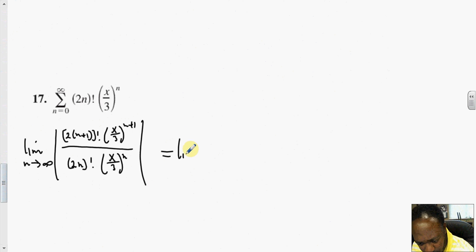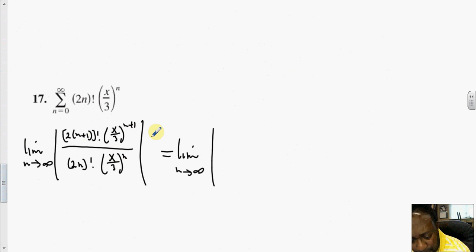So this is the limit. Simplify everything as n goes to infinity of the absolute value. Now you see here that x over 3 to the nth will cancel with this x over 3 to the nth. You have left x over 3 up in the numerator.